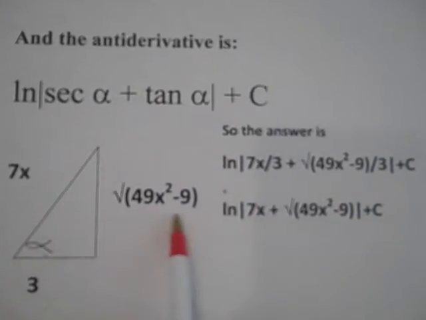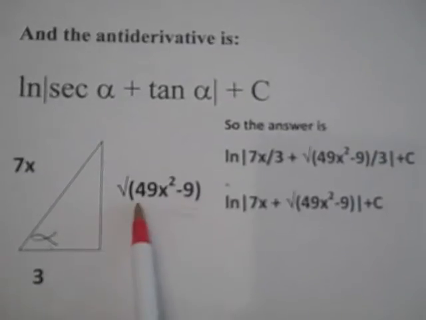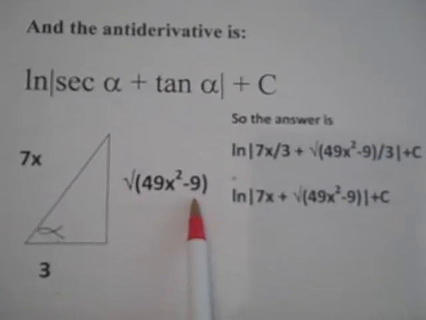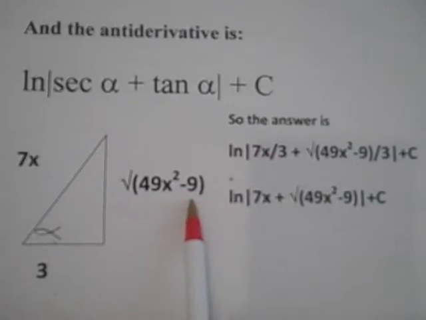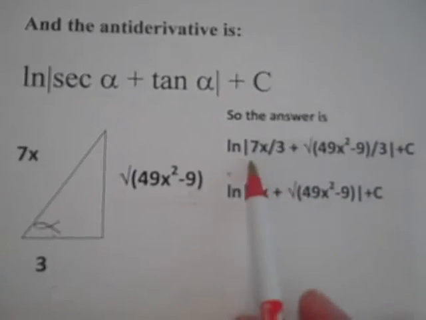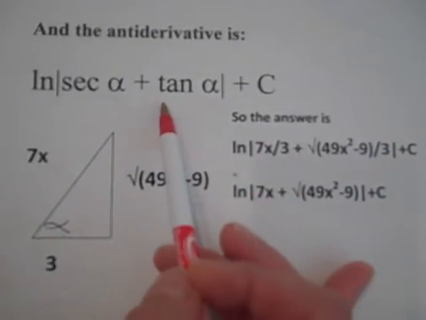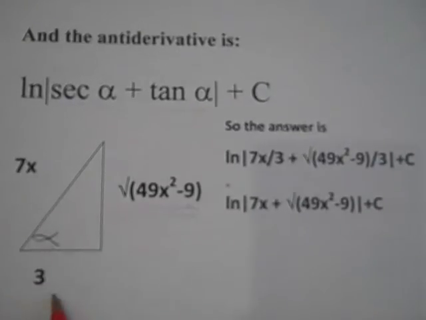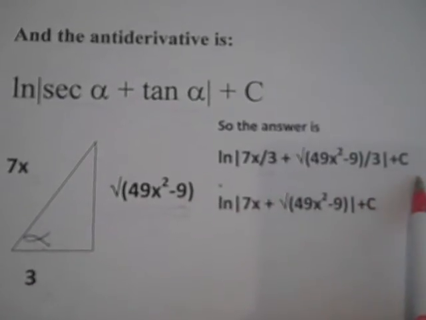Which means that this side, the other leg of the right triangle, is the square root of 49x squared minus 9. Notice how that fits nicely into our original problem. So now I need the secant of alpha, which is 7x over 3. Here it is. I need the tangent of alpha, which is the square root of 49x squared minus 9 over 3, right here, plus c.